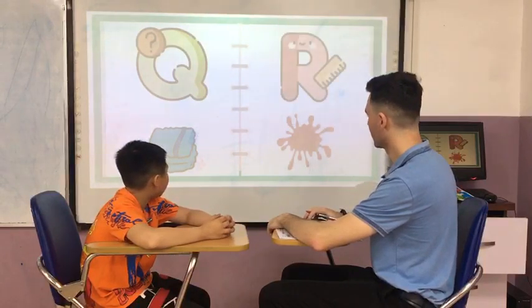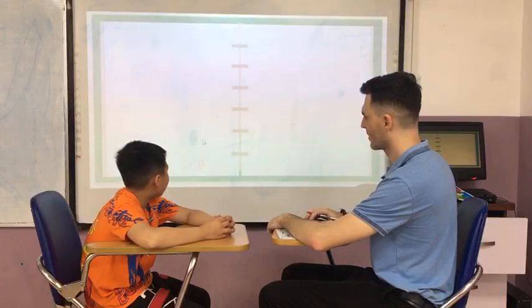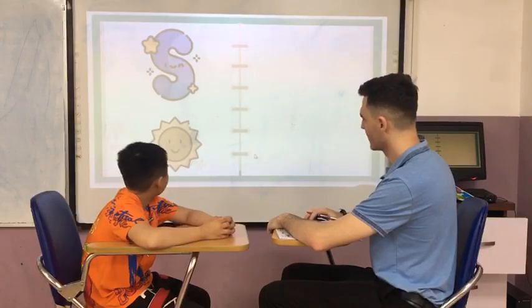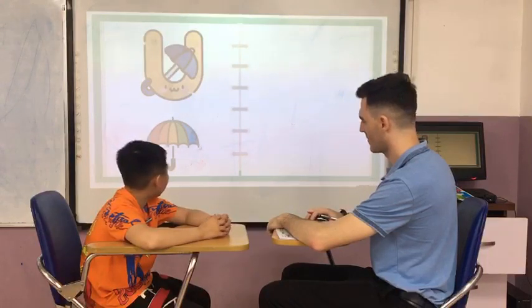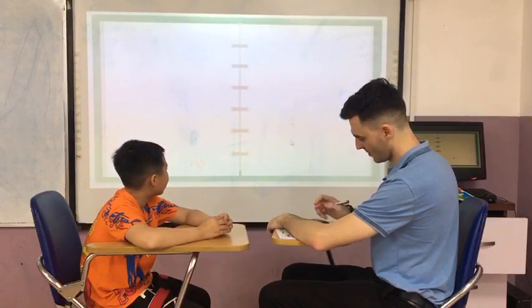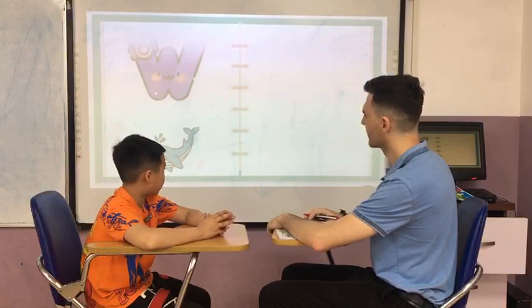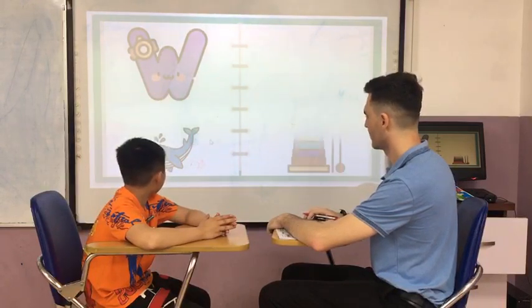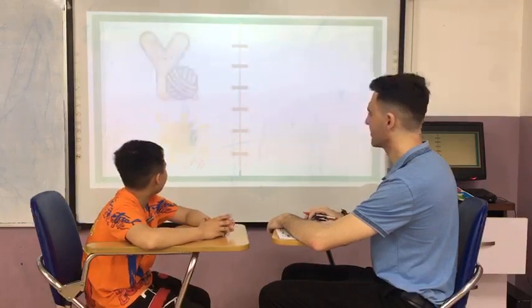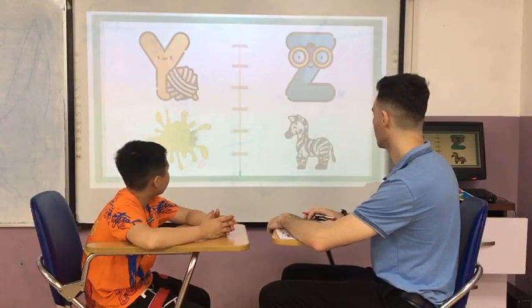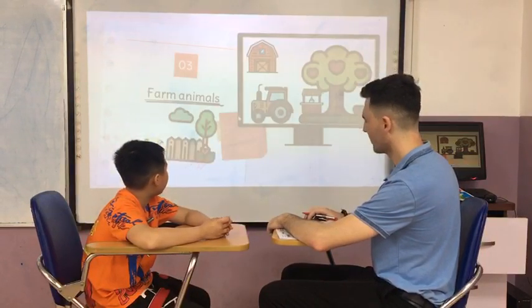Quilt. Red, sun, turtle, umbrella, violin. Okay, great. Watch, xylophone. Okay. Yellow, river. Okay, very good.